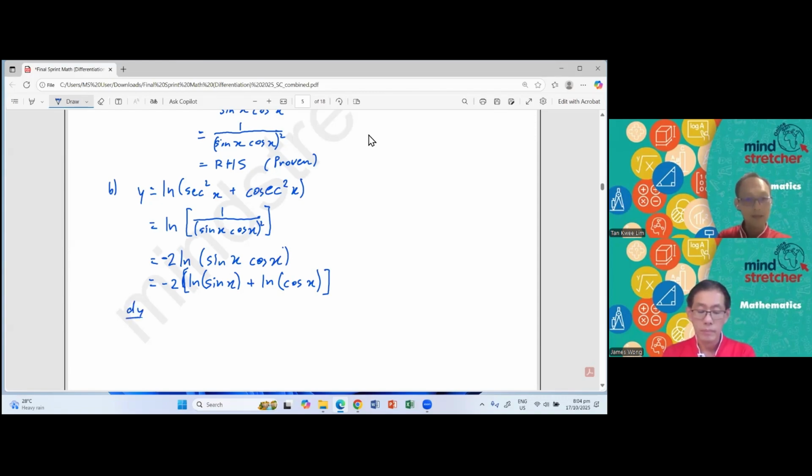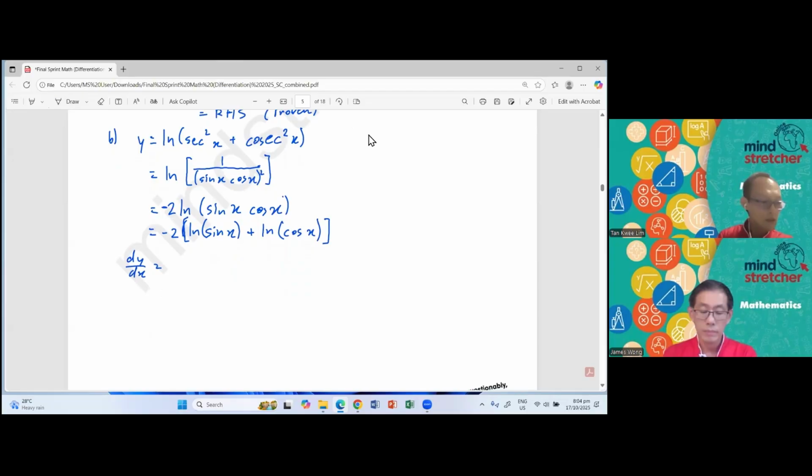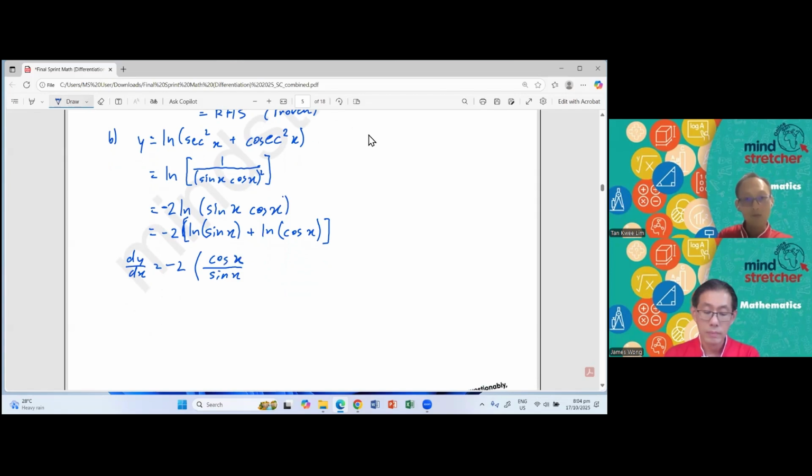So dy/dx will then be -2 times, for ln sine x, the differentiation gives cosine x over sine x, plus the differentiation of ln cosine x, which is minus, because the derivative of cosine x is negative sine x, so minus sine x over cosine x.